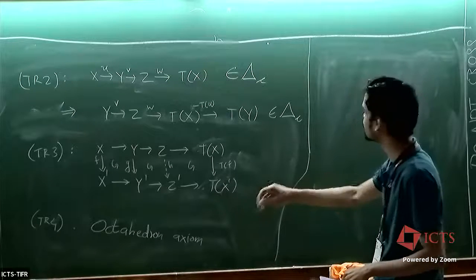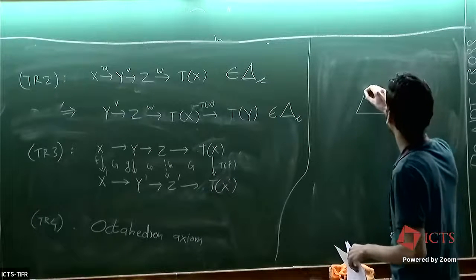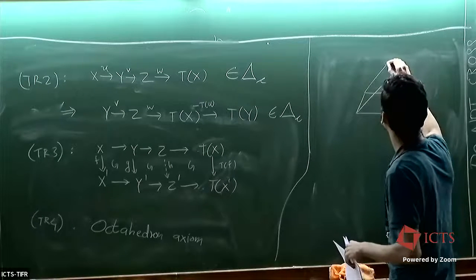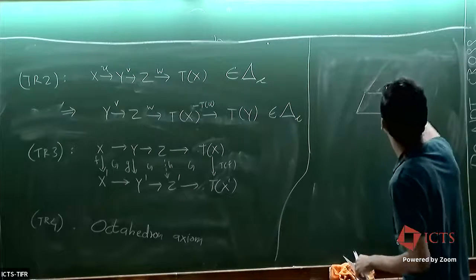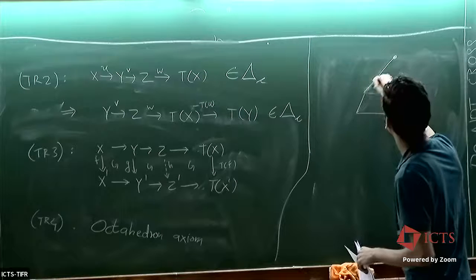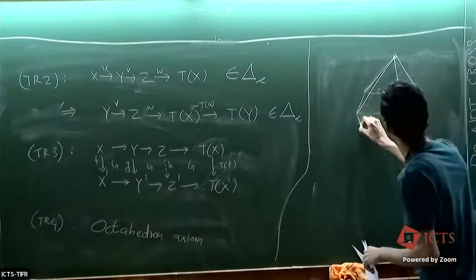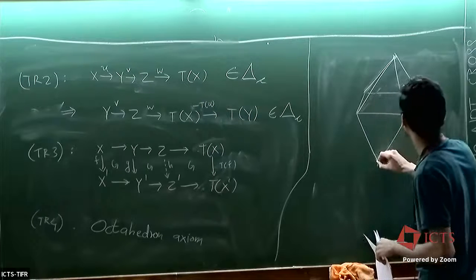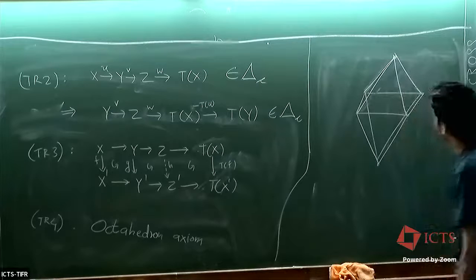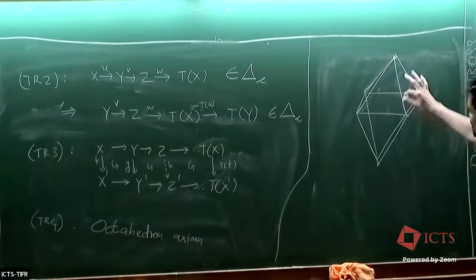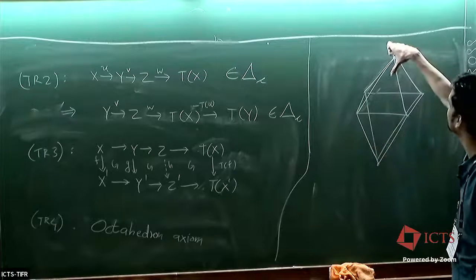Basically, what it says is that you have an octahedron. Okay, assume that this is an octahedron. So you have some data given here.